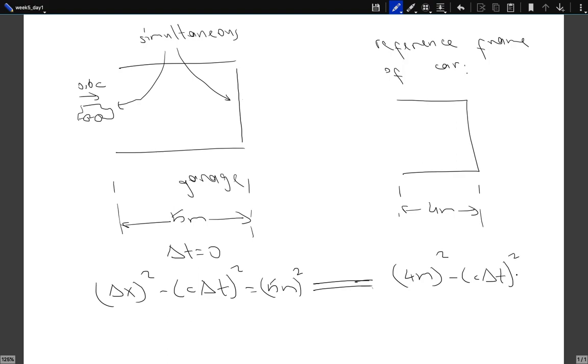But you see, this combination should be the same for everyone. You cannot just switch the order as you wish. You cannot just set this quantity equal to minus this quantity in some other reference frame. If you are defining the invariant quantity as delta x squared minus c times delta t squared, it should be the same way in every reference frame.